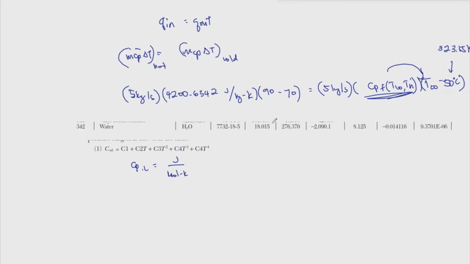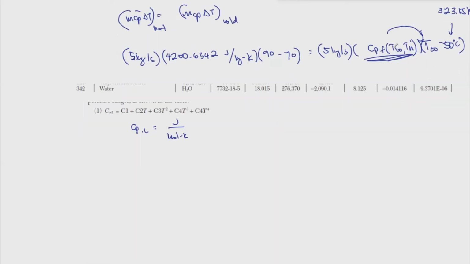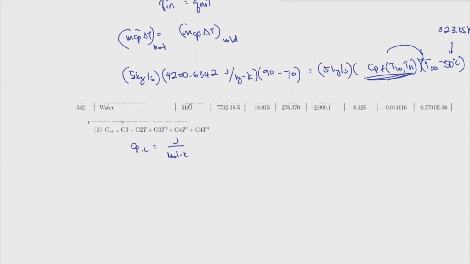Okay? So with this, yung expression na to, in terms of our average specific heat capacity for water, so we have Cp of L is actually equal to C1. So we have C1, C2, and then C3, that's C4, and then we have C5 for this particular equation.